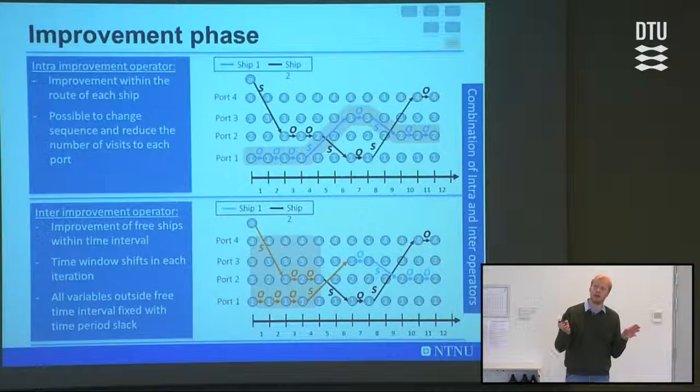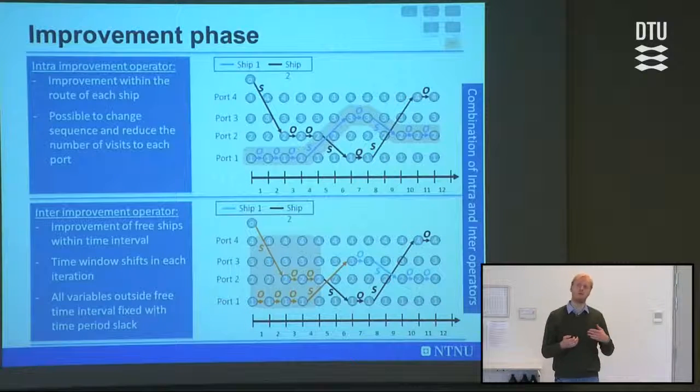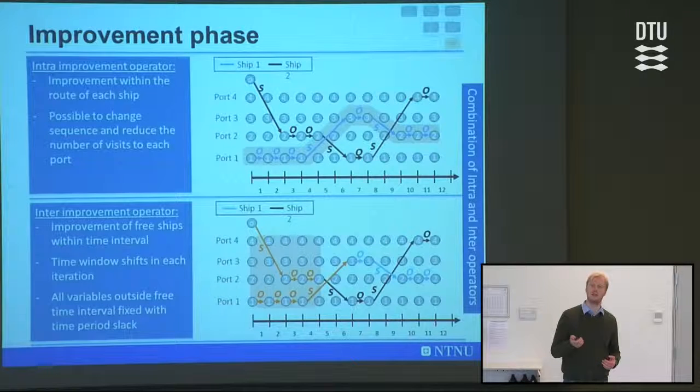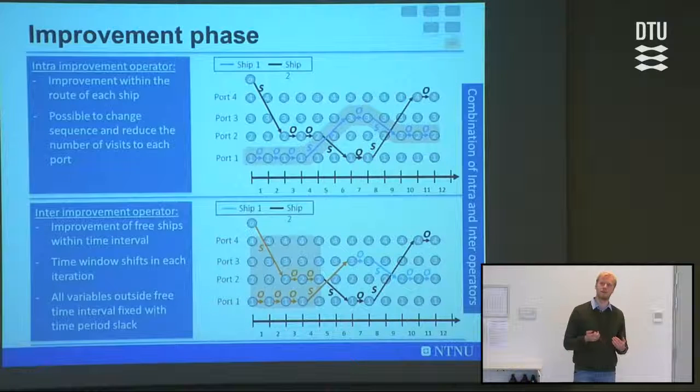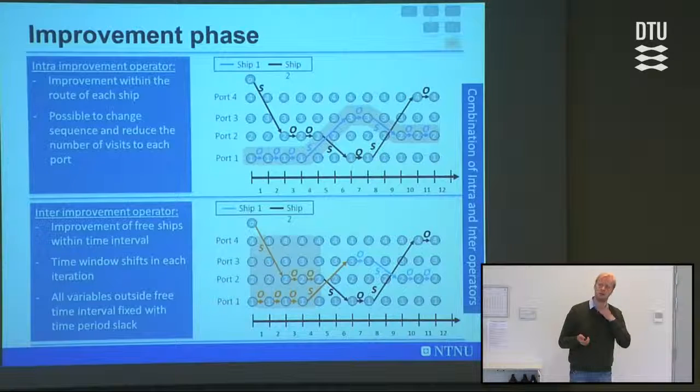Then we take this route out of the solution, and we say that the ship that sails this schedule can have no more than the same number of visits to each port as in this schedule. So we can reduce the number of visits, but we cannot add visits in this case. Then it's possible to change the sequence and do other things with the solution. This is done for each ship.